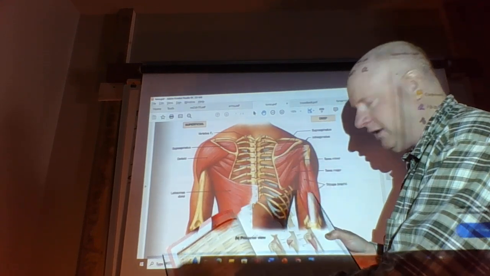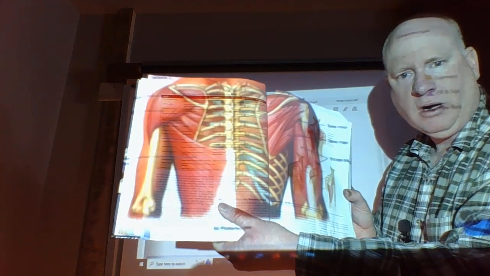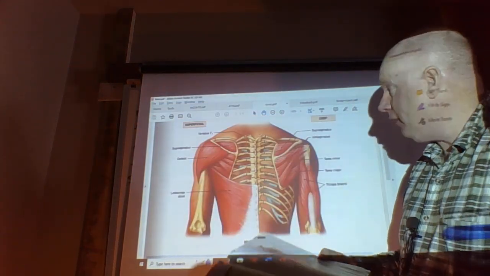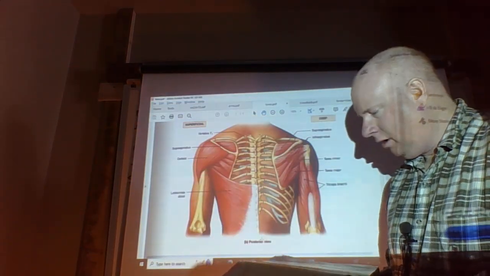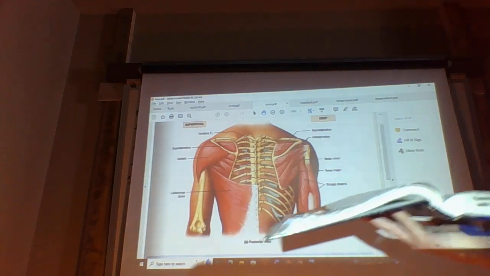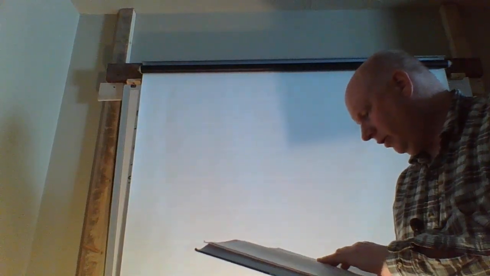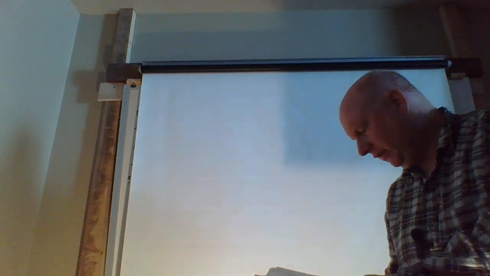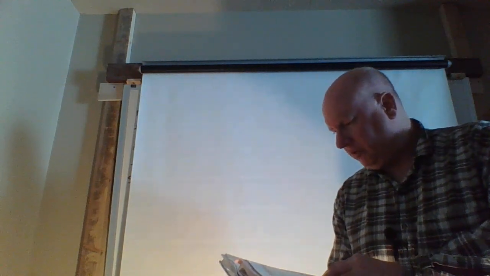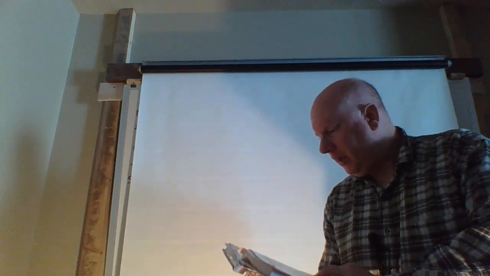So you have the rhomboideus major here, then the rhomboid minor is actually on top of that. And again, you can see this on page 319, and that's what we're referring to right here. Okay, so we want you to know the trapezius, of course the deltoid, the rhomboideus minor, rhomboideus major, and the latissimus dorsi.